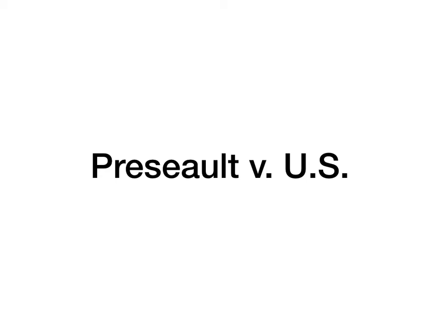All right, Preseault v. U.S. The facts of this case are pretty complex, so I'm going to simplify them a little bit, or as best as I can. In 1899, there was a right-of-way that was acquired over 3 parcels of land. And that right-of-way eventually was sold to the state of Vermont.